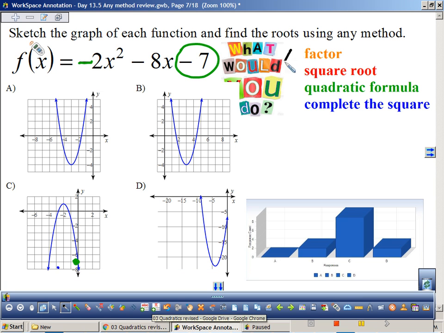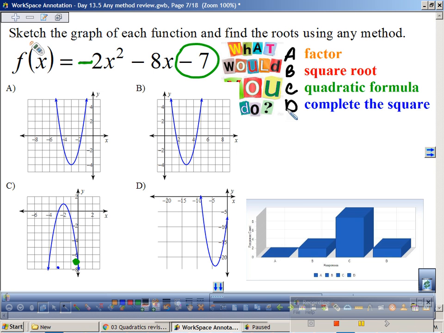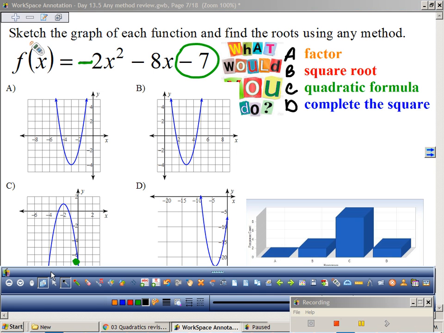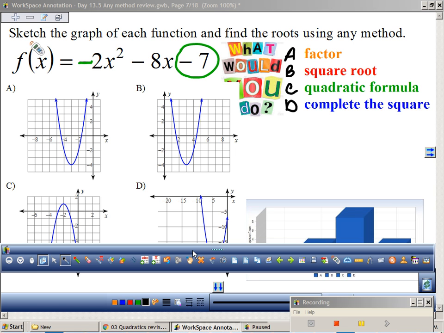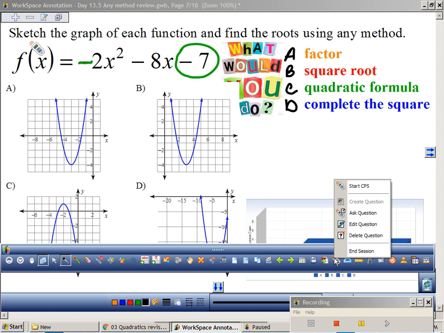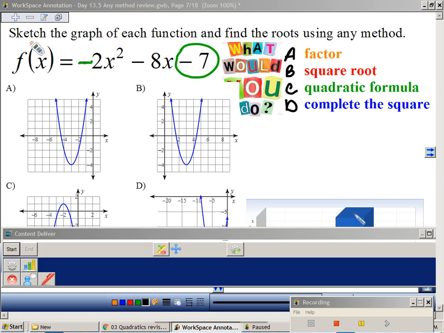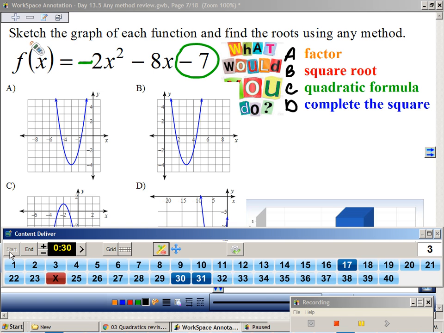What about this? Which one would you use? Which would be the most logical? Most logical for you to use. Hold on. That's what clickers are for. Most logical.